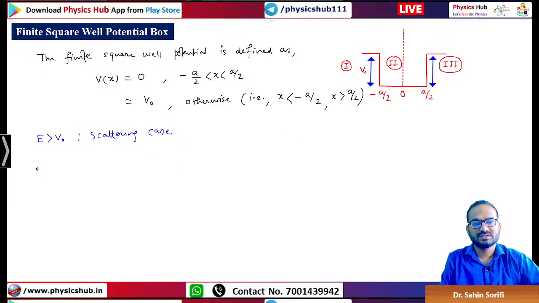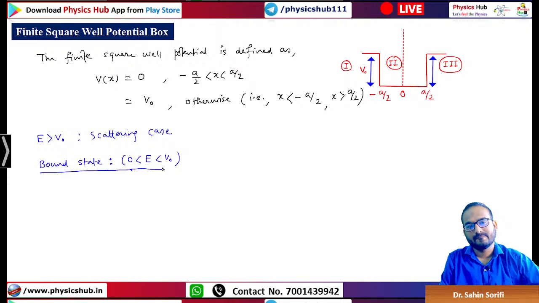Our main concern is to calculate the bound state, because for the bound state we will get discrete energies. Bound state corresponds to when the particle's energy lies between 0 and the height of the potential. So for the bound state we will be doing the solution.